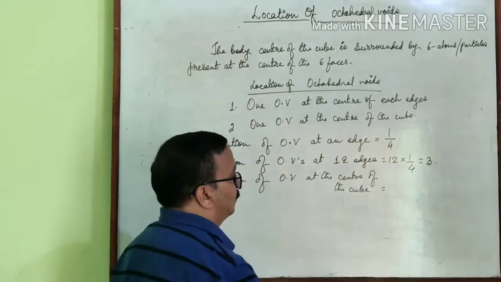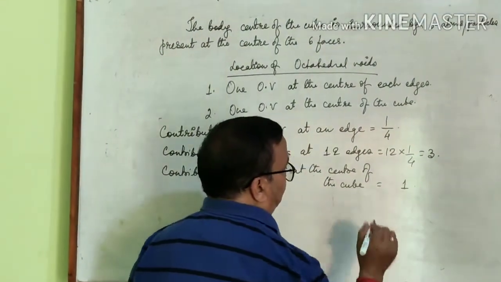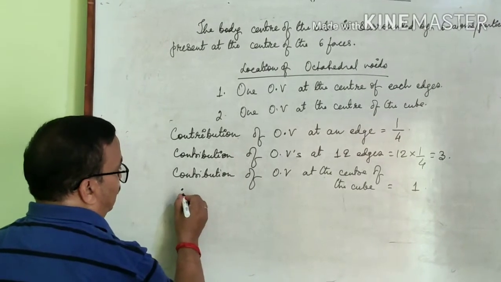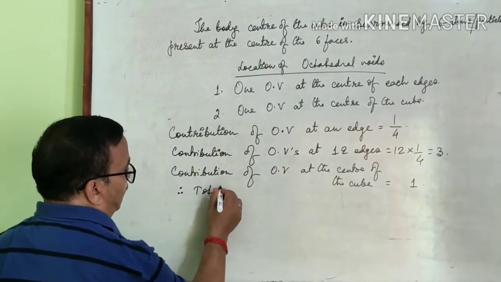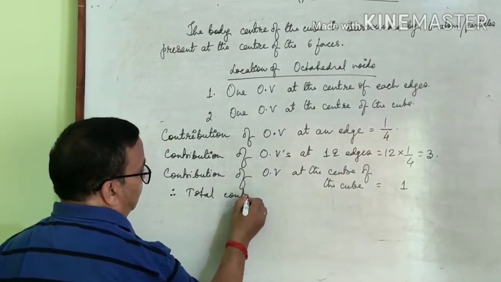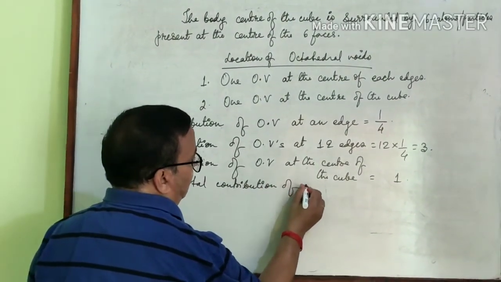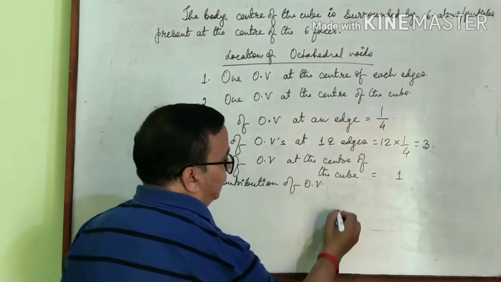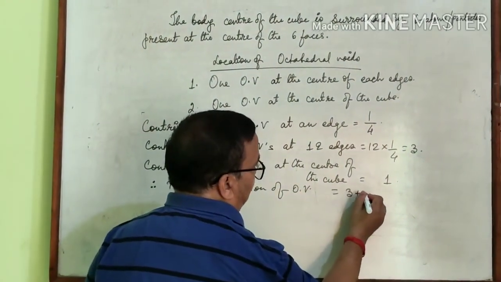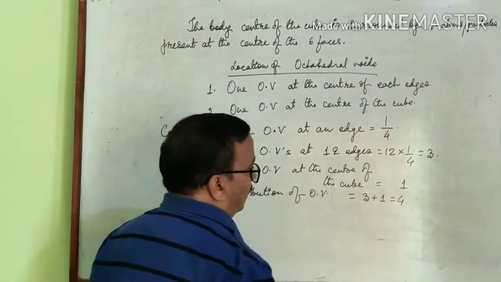Therefore, its contribution will be equal to 1. Therefore, the total contribution of octahedral voids is equal to 3 plus 1, that is 4.